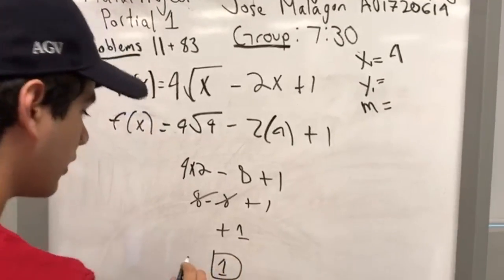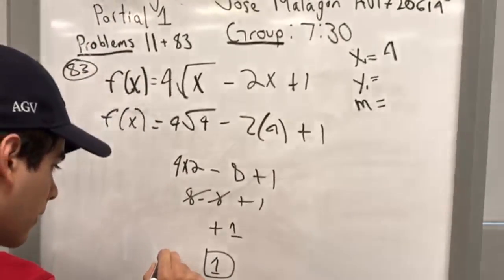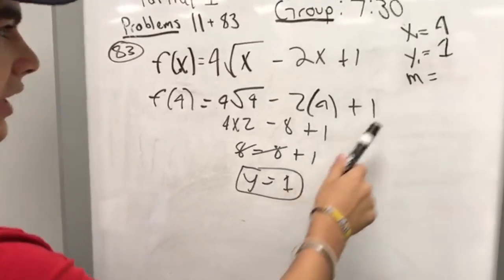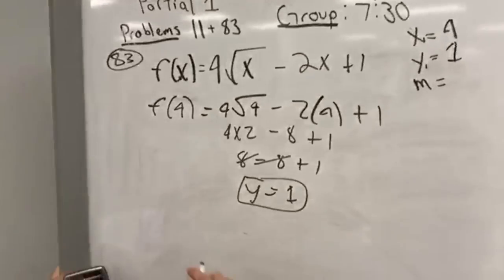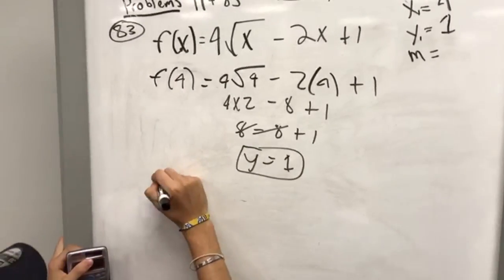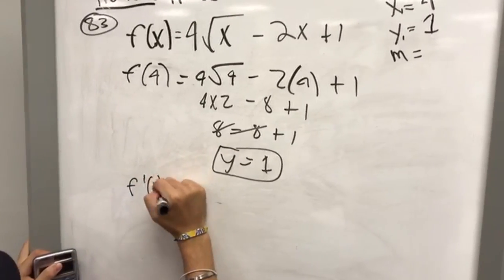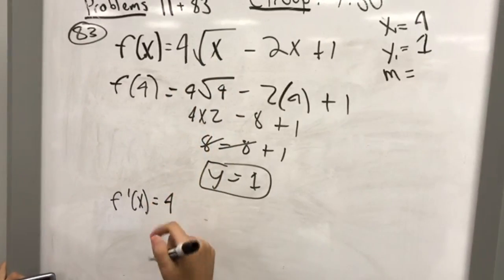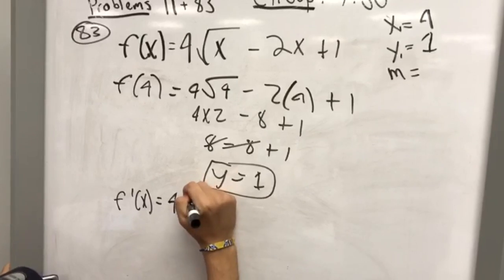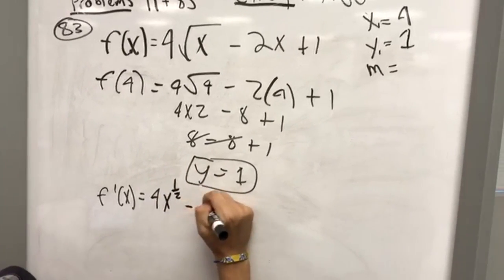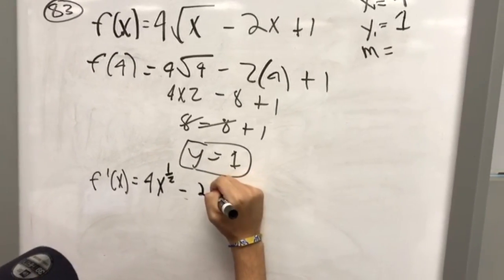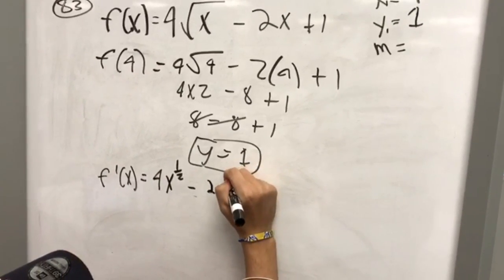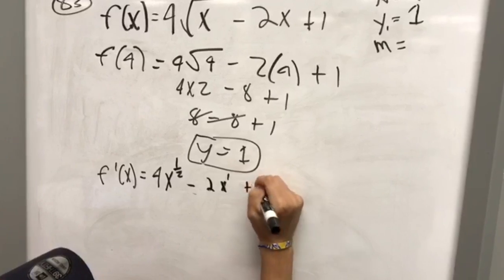So y equals this. We need to find the m. But to find the m, we will need to derive. After simplifying, to differentiate we will have 4 times 1/2 x to the negative 1/2, minus 2, and the 1 has no x so it goes away.